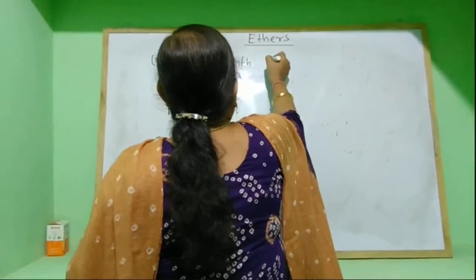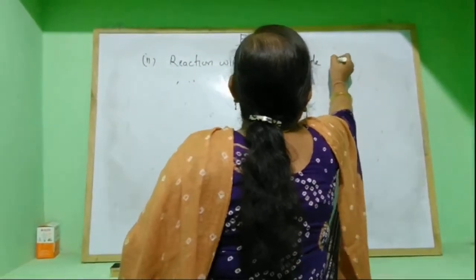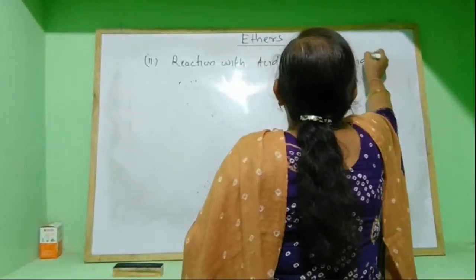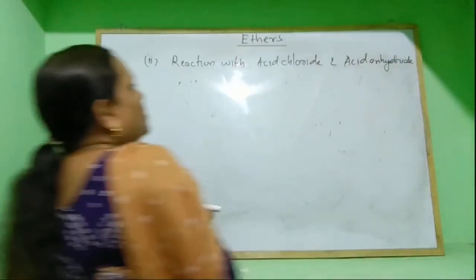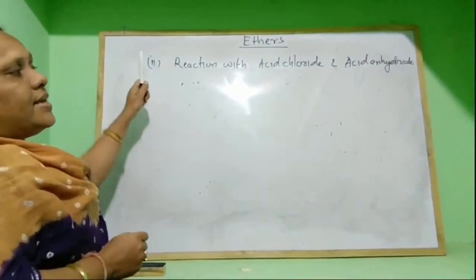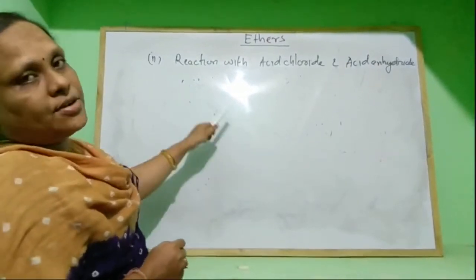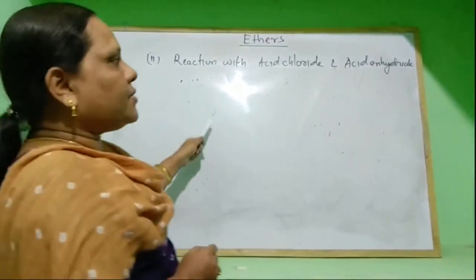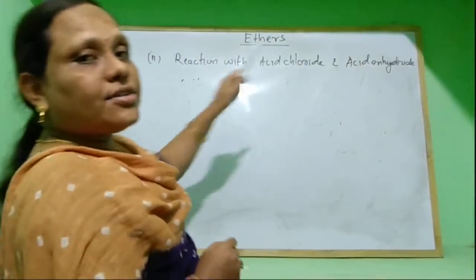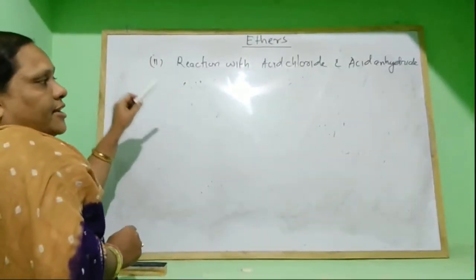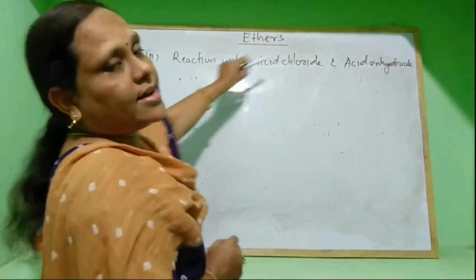When ethers react with acid chloride or acid anhydride in presence of anhydrous zinc chloride, first with acid chloride, it forms alkyl chloride and an ester.